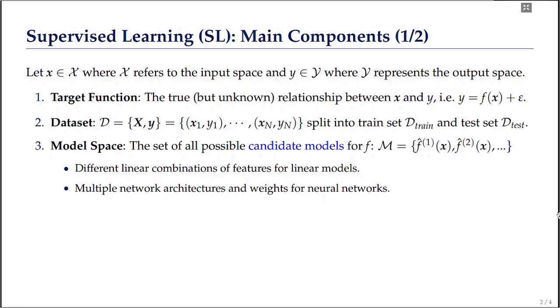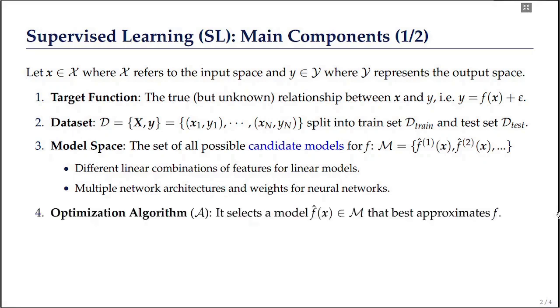Theoretically, the model space M consists of an infinite number of models. So, for example, for linear models, the model space could consist of the different linear combinations of covariates, and for neural network models, the model space could consist of different network architectures or different weights.